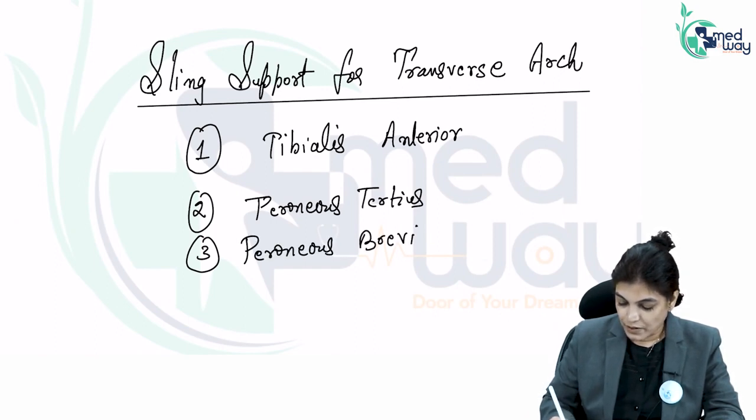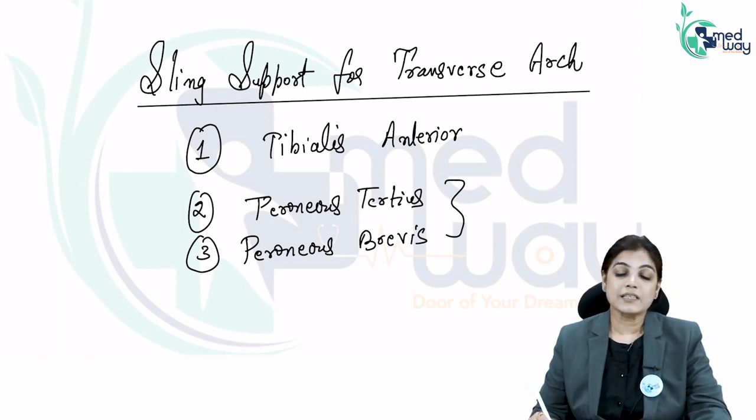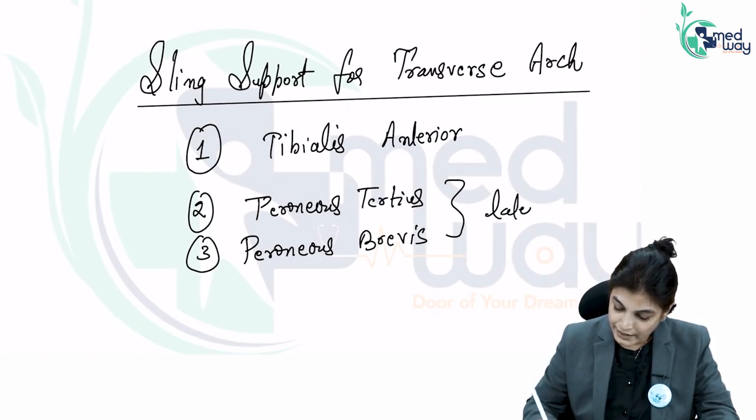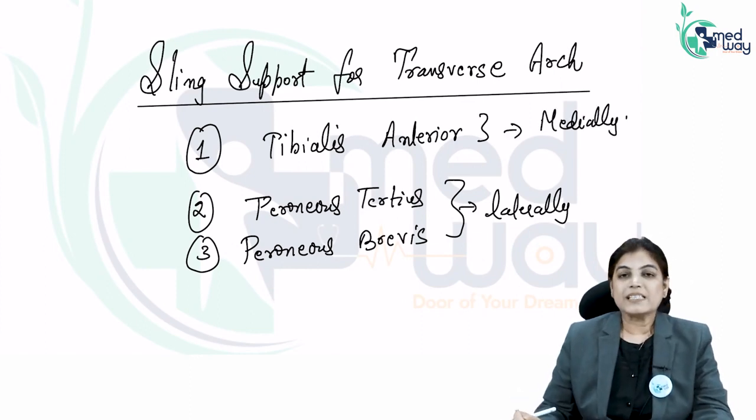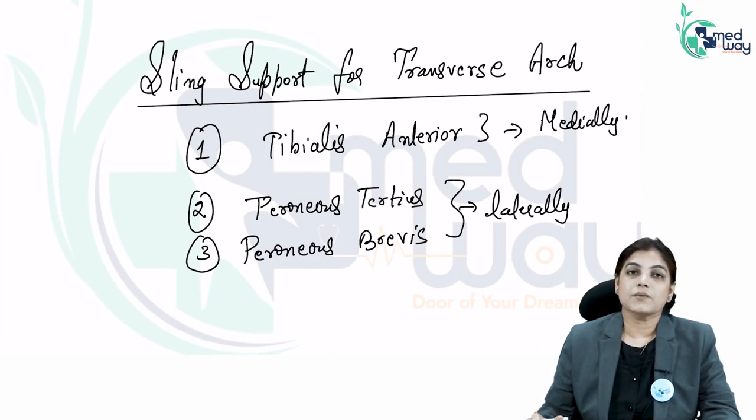So actually the peroneus tertius and peroneus brevis muscles give the sling support laterally, and the tibialis anterior gives the sling support medially. So basically these are the support systems of the transverse arch.